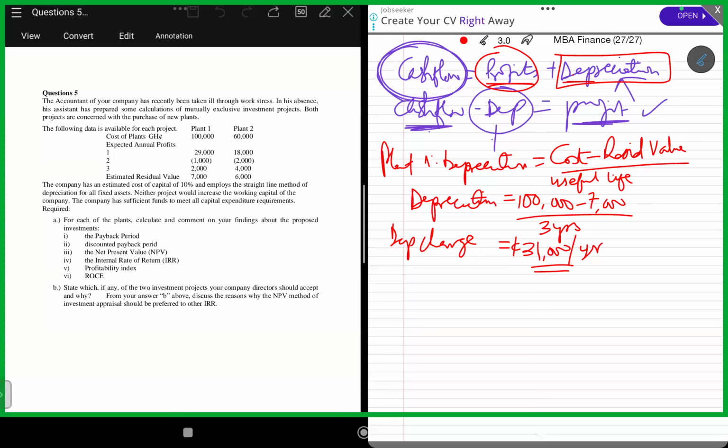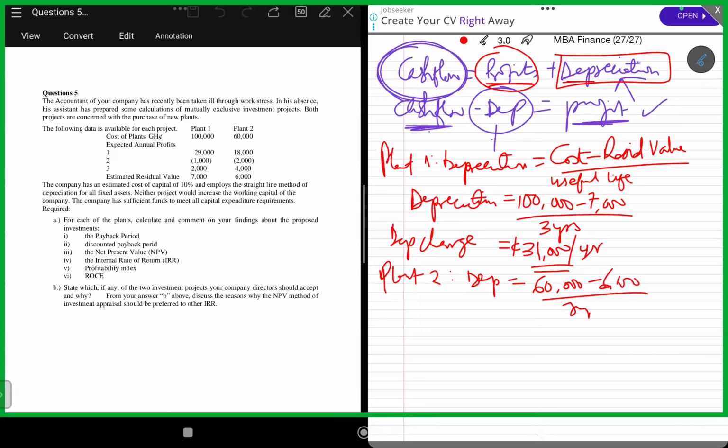I got 18,000. Let me see whether you are telling lies. How do you do it? 60,000 minus 6,000. Where do you get the 60,000 from? From plant two, it is the cost. What's the residual value? 6,000.